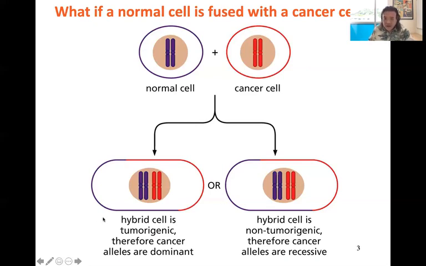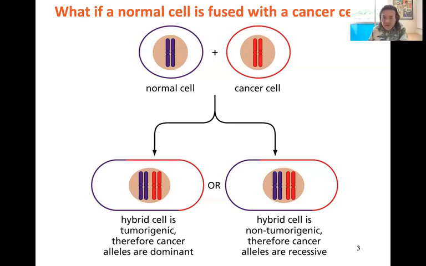If the hybrid cell is still tumorigenic, in other words, it's still proliferating out of control, you might conclude that the cancer alleles, the changes in the genes due to mutations, are dominant, right?